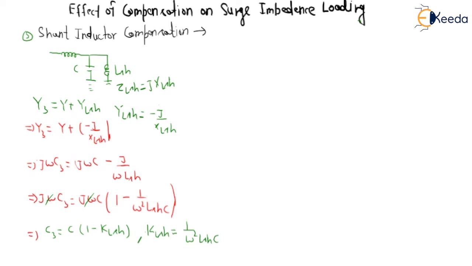So ZS3 will be equal to under root L upon C3, which means under root L upon C1 minus KLSH. So we can write this Z as ZS1 upon under root of 1 minus KLSH.